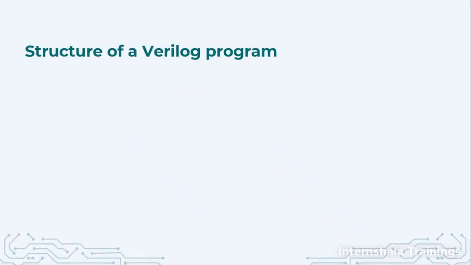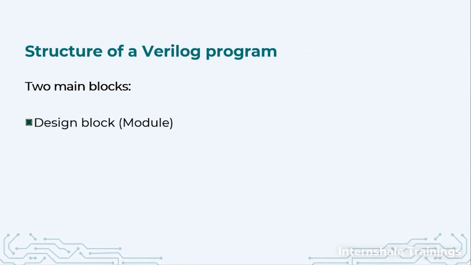Let us see a typical structure of the Verilog program. We are going to have two main blocks. The first one is called design block or the module. This is going to contain our code that will have all the inputs and outputs, their relation. So this is what we call the design part.